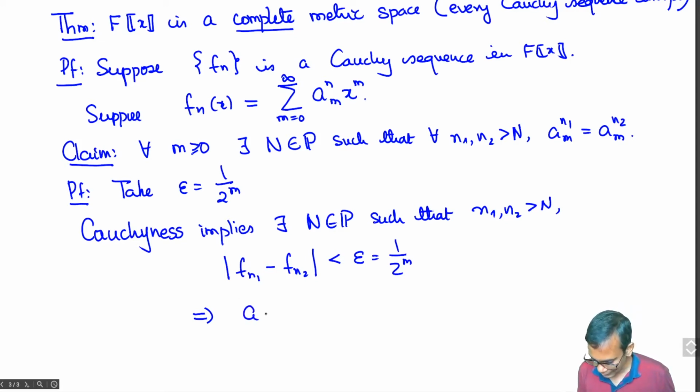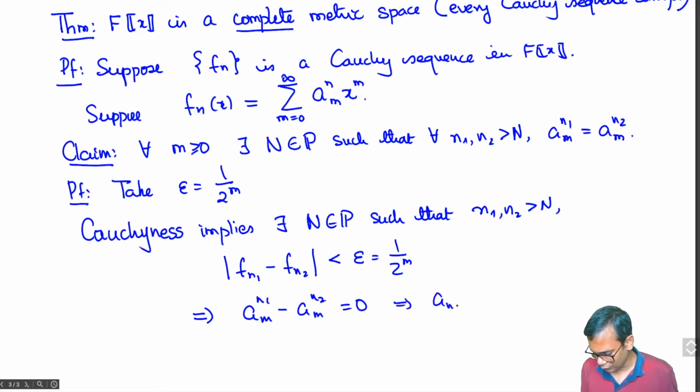So this means that a_{m,n1} minus a_{m,n2} is 0, because only some coefficient after that vanishes for this norm to be less than 1 over 2 to the m. But that's exactly what we wanted to show.